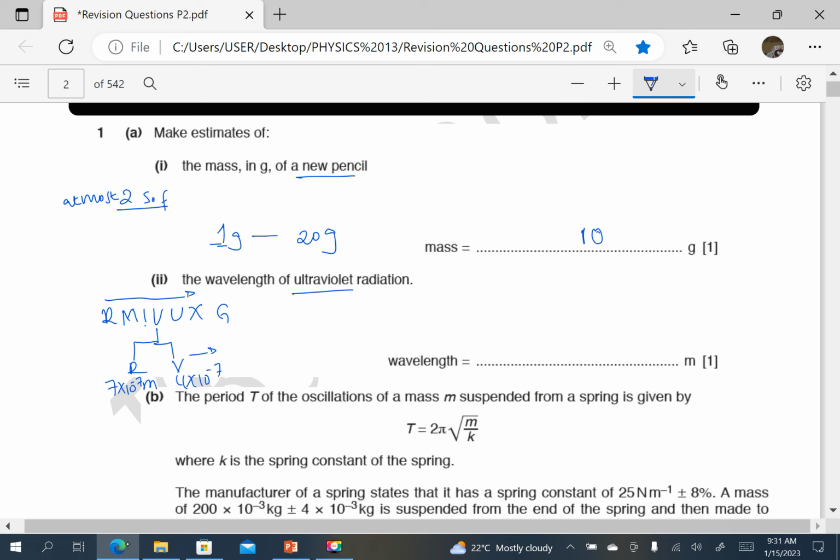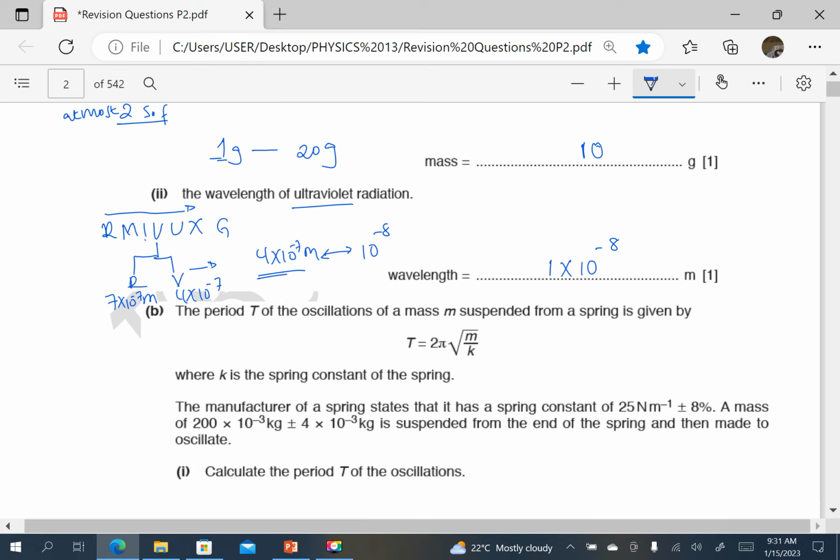Therefore I can choose a value between 10 power negative 7 meters and maybe 10 power negative 8 meters. For instance, 1 times 10 power negative 8 meters. That is the wavelength of ultraviolet.